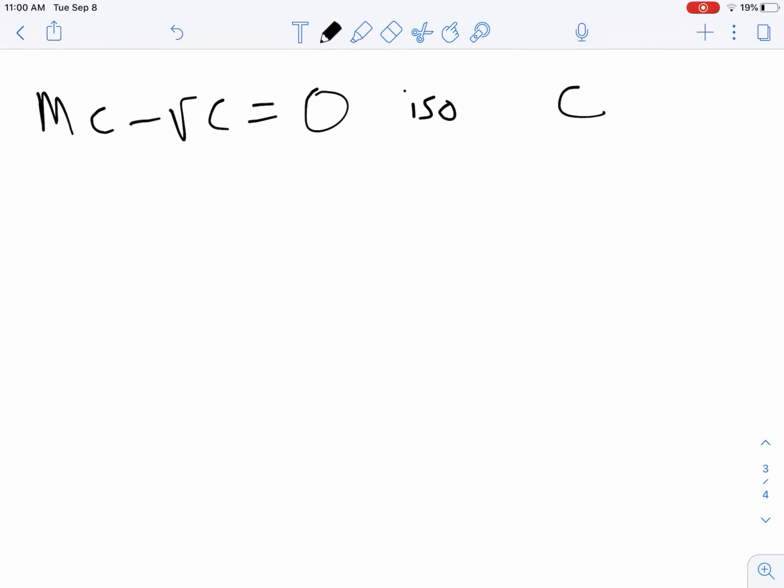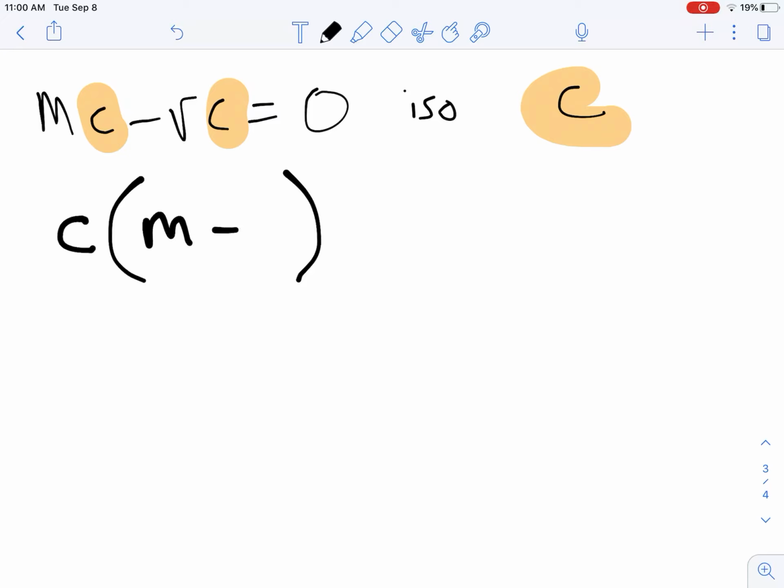This might be one of the trickier kinds. You notice I'm trying to isolate C, and I see it here and here. So I need to use a special trick. It's not a special trick, it's really just the only way to take C away from both the MC and the RC. I'm going to take it as if it is a greatest common factor, and I'm going to reverse distribute it.